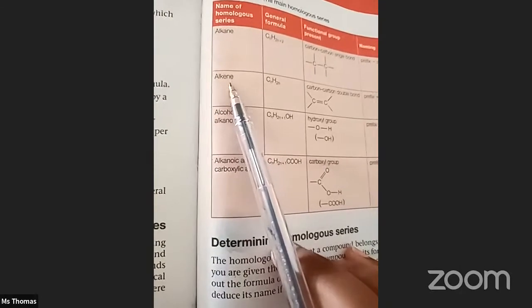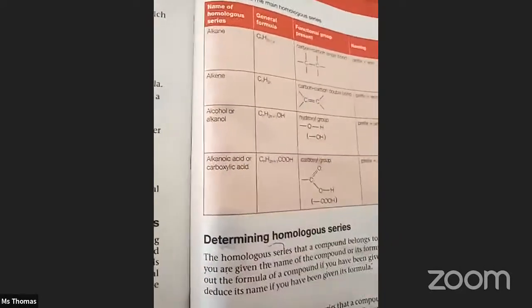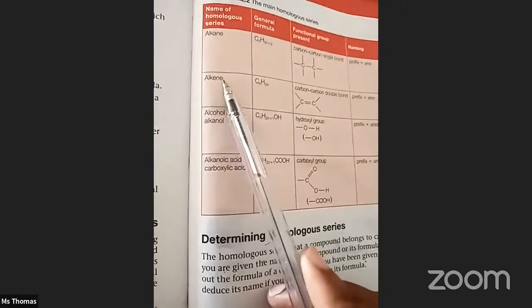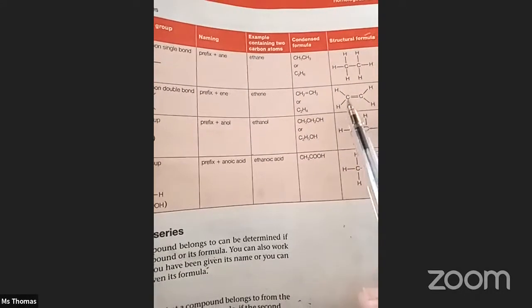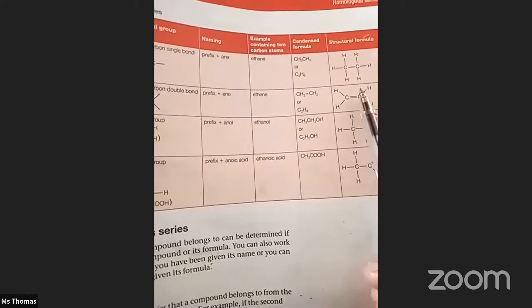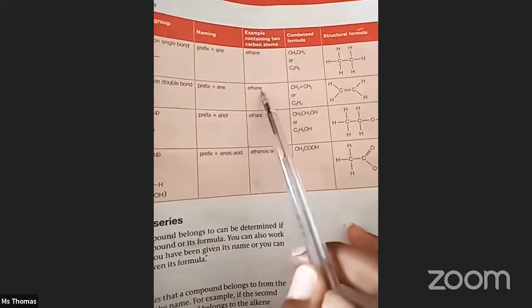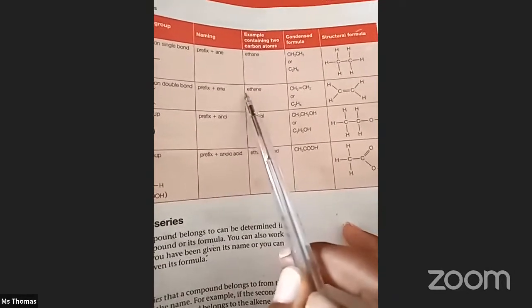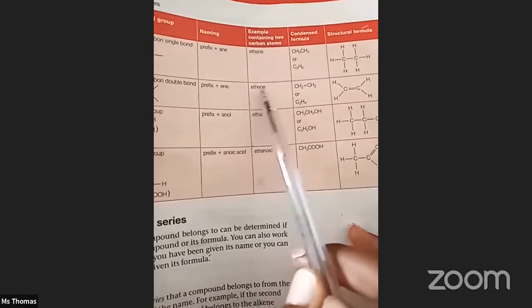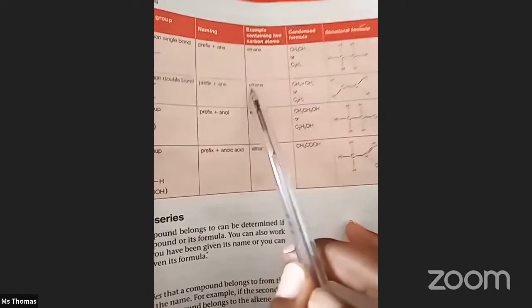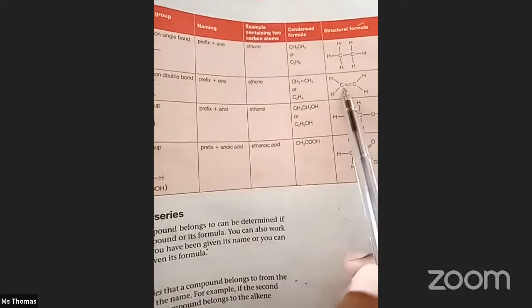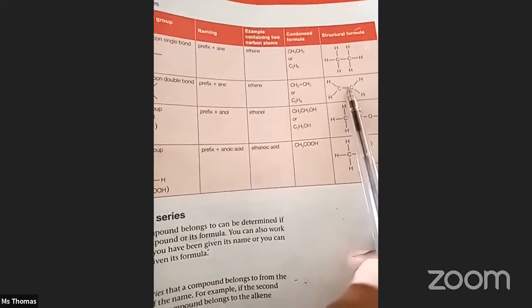As a result, the end of the name will end in ene, E-N-E. So the first part of the name comes from the 2 carbons, so that's eth. And the second part of the name comes from the homologous series, ene, because it has a double bond, so we call it ethene. 2 carbons, eth. Double bond, ene.